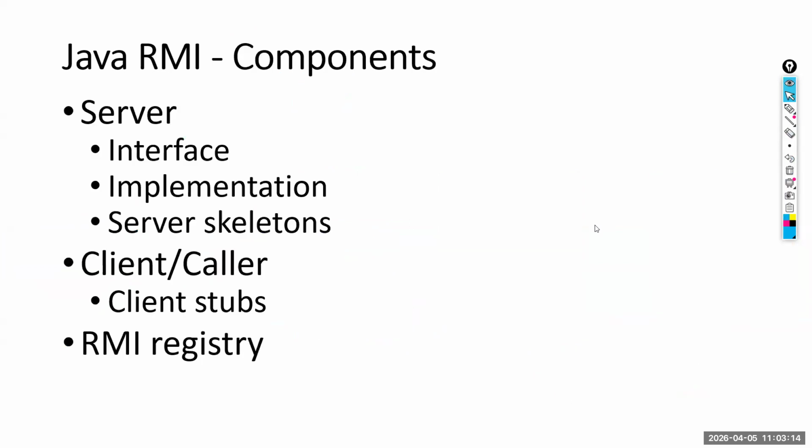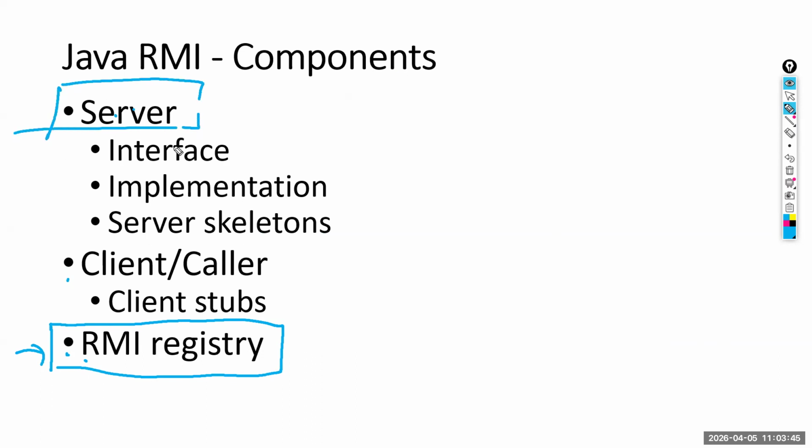Right. So these are the necessary components if you are doing a Java RMI call. Obviously you need the Java RMI registry, which must be available to both server and client, because the server publishes and the client queries. This can be a third party machine, or it can be in the server, or in the client. Then you have the server machine which publishes the remote methods.